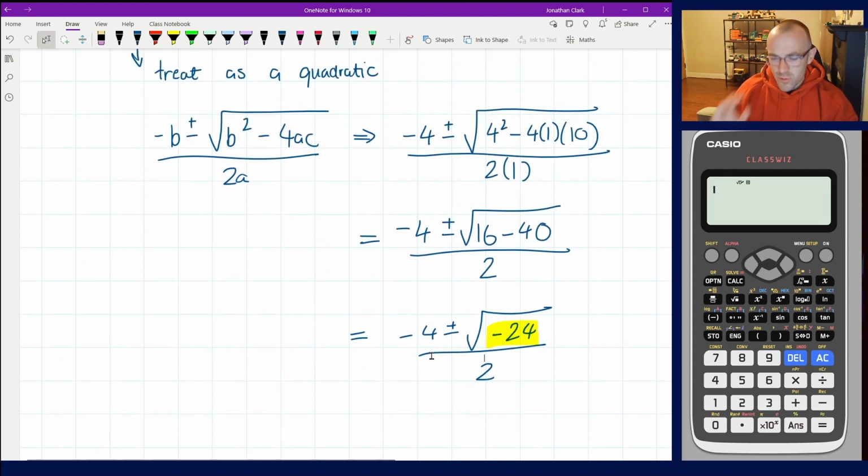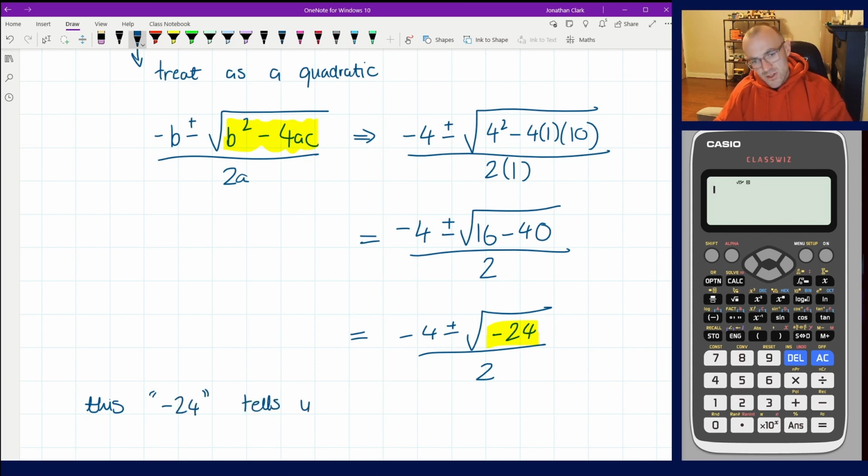So if you were thinking about the discriminant, you were just thinking about this formula without thinking about the quadratic as a whole, you probably already know where this is going. So the minus 24 in the square root tells us that there are no real solutions.